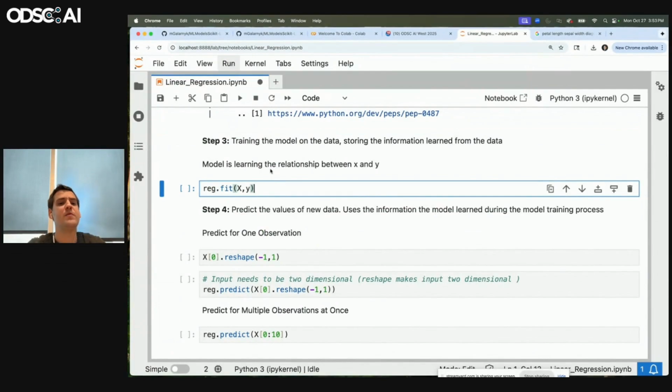And so from here, you can train the model on the data. What's really happening is the model's learning the relationship between my x, my one column, and what I want to predict. In this case, it's learning the relationship between my one column and my one target. But normally this would be characteristics of the house, and then y is the price. So it's learning the relationship between whether it's on the waterfront or not and the actual price.